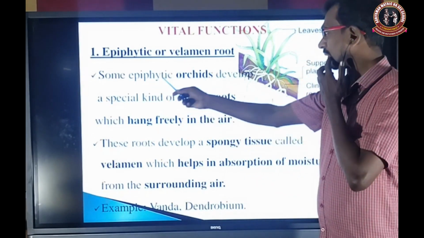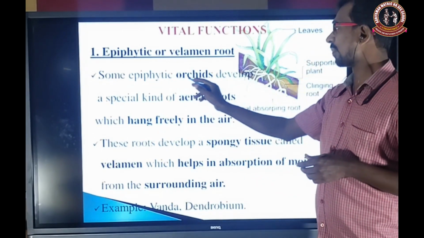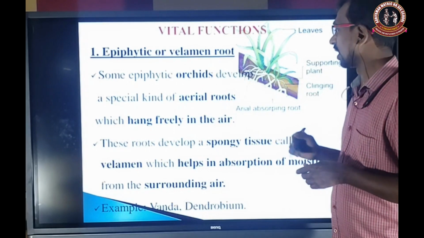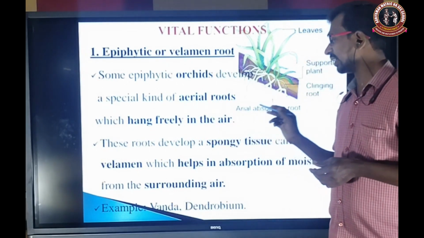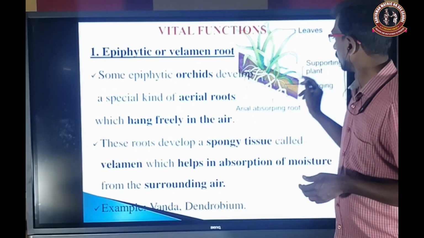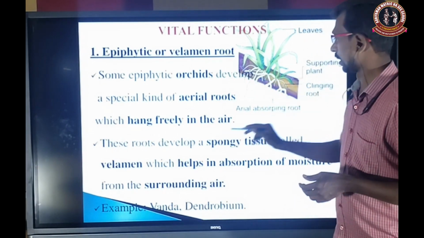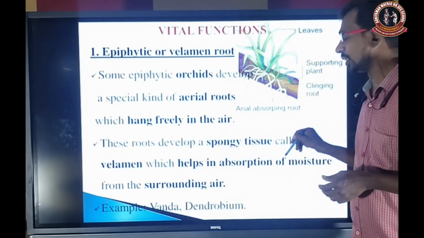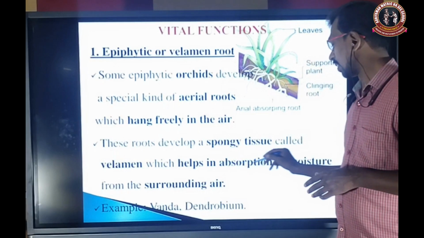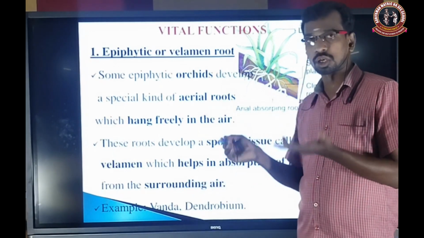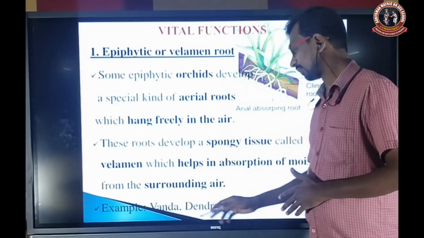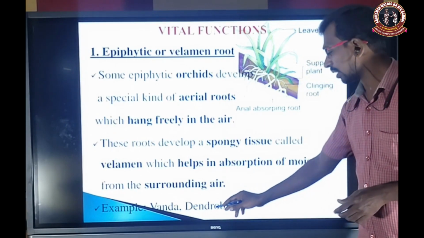Okay, so it's epiphytic. Some epiphytic orchids develop a special kind of aerial root which hangs freely in the air. So, that is the velamen root. This root develops a spongy tissue called velamen, which helps to absorb moisture from the surrounding air or from the atmosphere. Example, Vanda and Dendrobium.